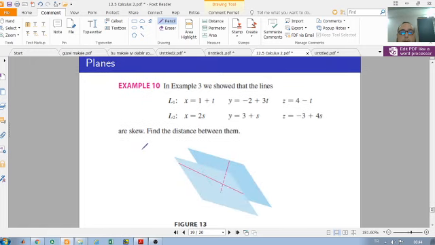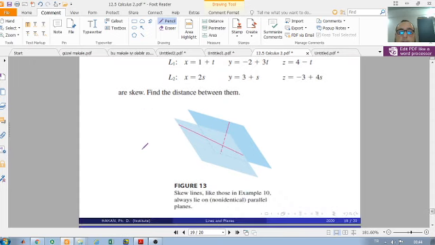And lastly, we will find the distance between two skew lines. Okay, as I said, they lie on the parallel planes like the box. This is the base plane of the box, and this is the top plane of the box.